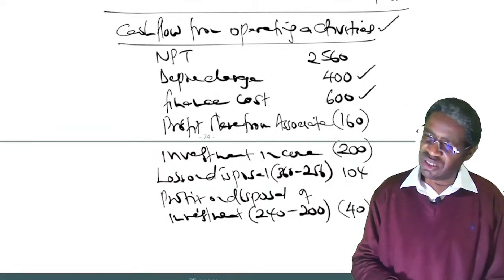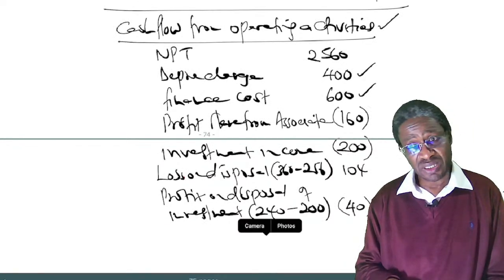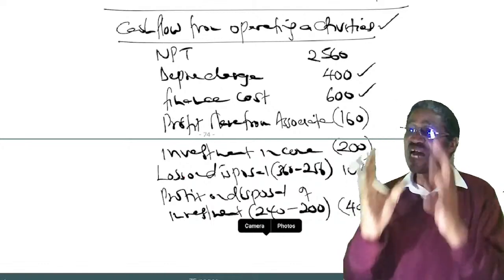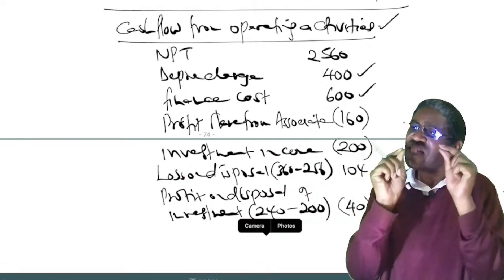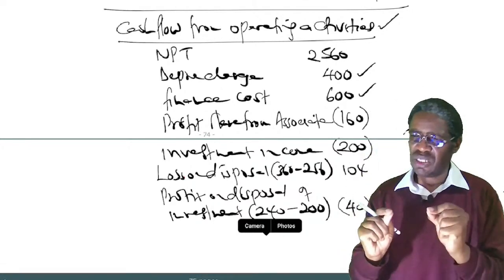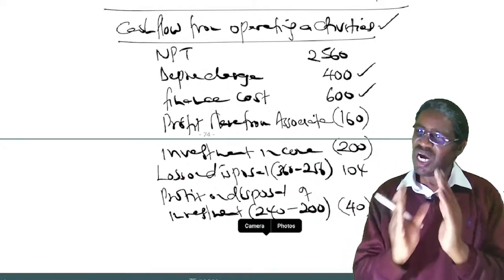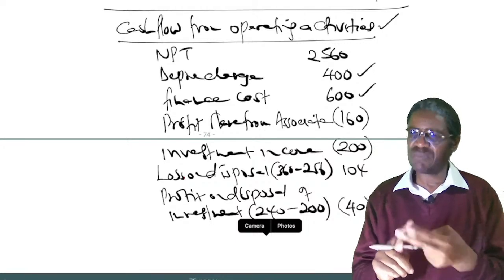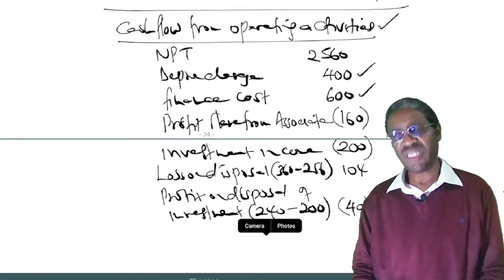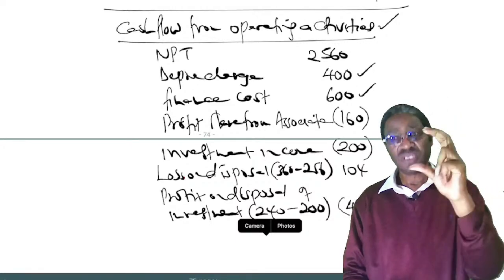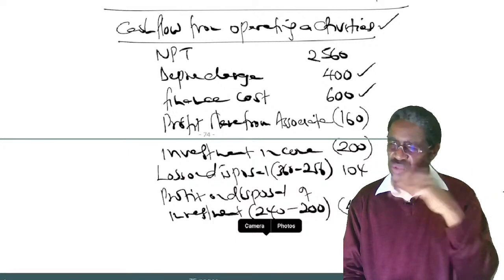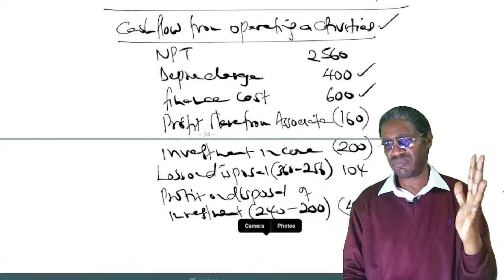We have picked the profit before tax. I've told you, adjust it with any non-cash items, anything that was used to get it, which is non-cash. I hope you have not forgotten, two non-cash items will always be there in any question. One, depreciation charge. Two, finance cost. Those ones you should not lose the marks for them.